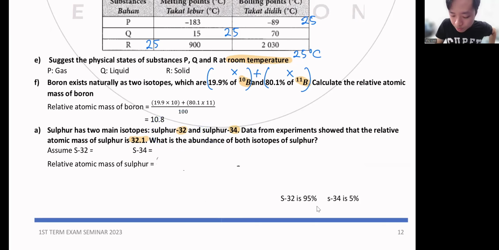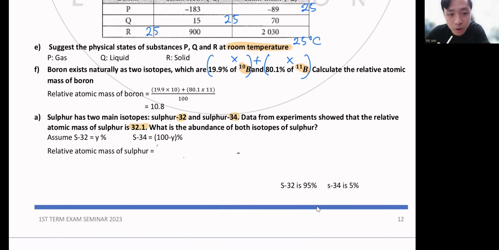So what should you do? If you only have two isotopes, it's very simple: the total is 100%. So let's assume sulfur-32 is Y%. For S-34, the total is 100, so you just use 100 minus Y%.